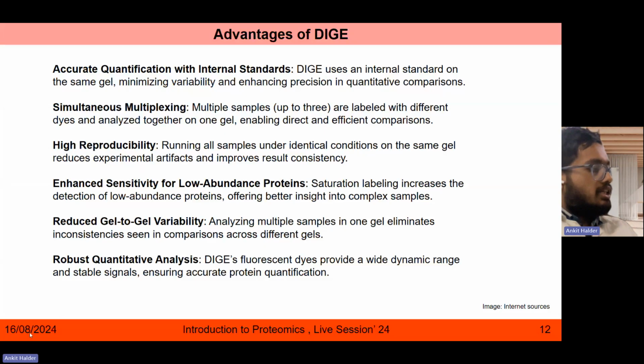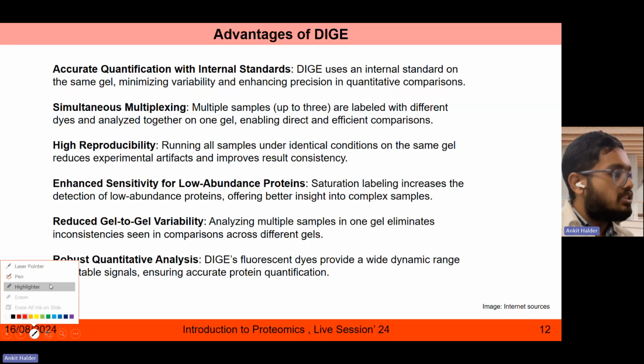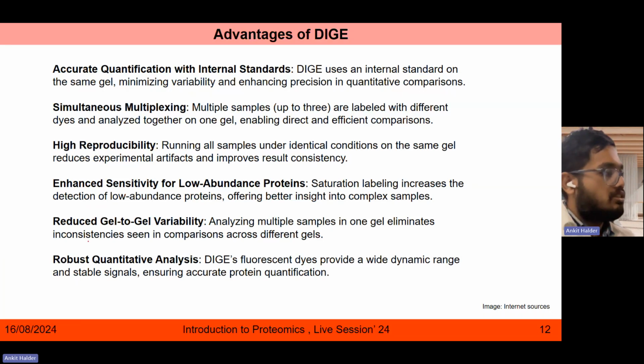So what were the limitations we had talked about? Whatever limitations we had talked about in our particular 2D gel, all those things could be rectified and made better specifically for quantitative purposes. All those are quite relevant, keeping in mind the studies.